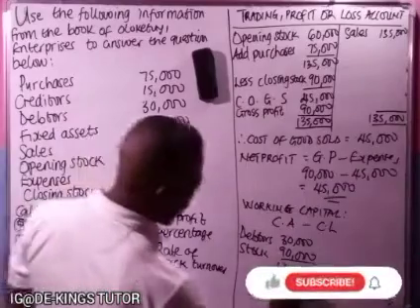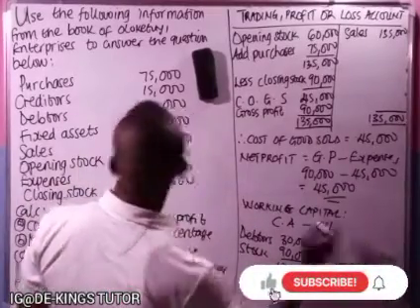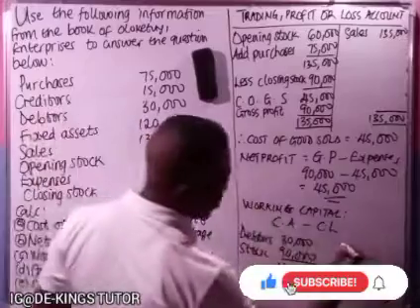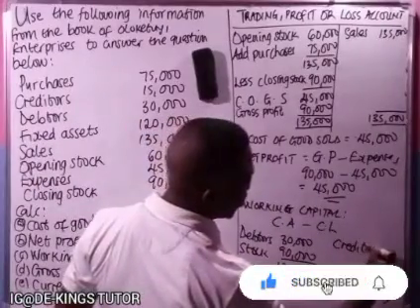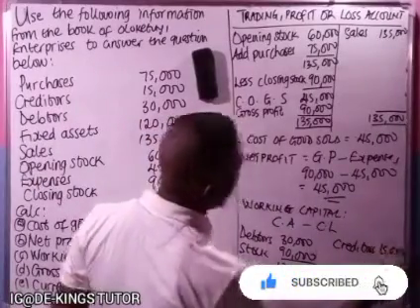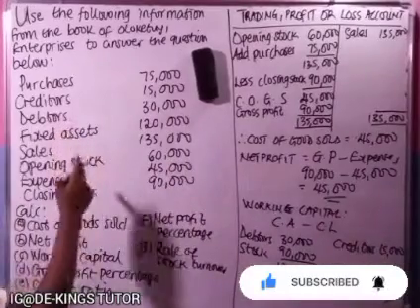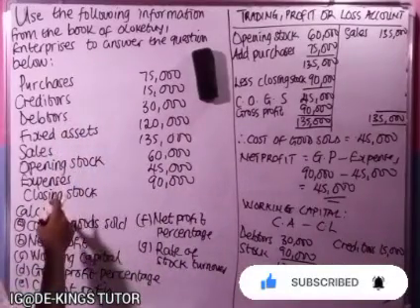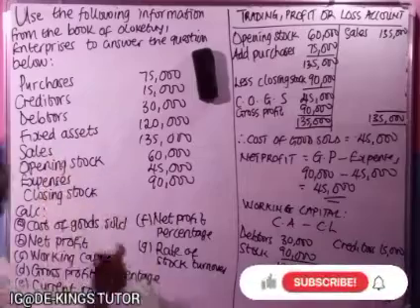Now also we'll check the current liability. For current liability, we have creditors, 15,000. And let's check if we have another. Okay, there is none.